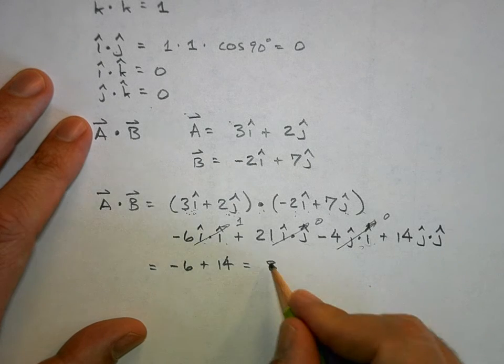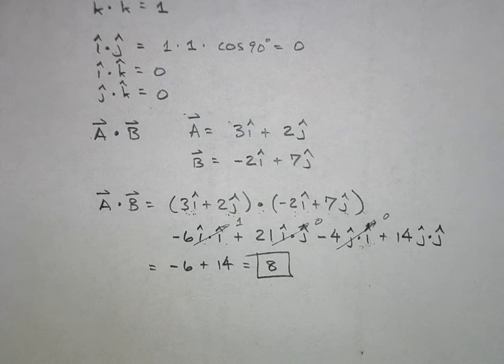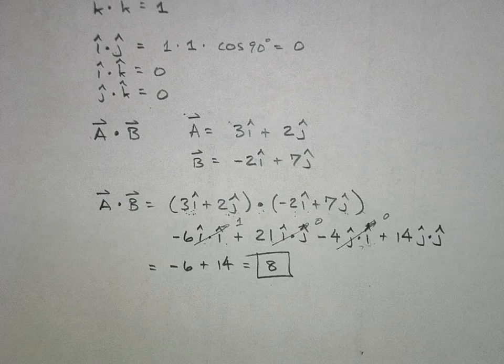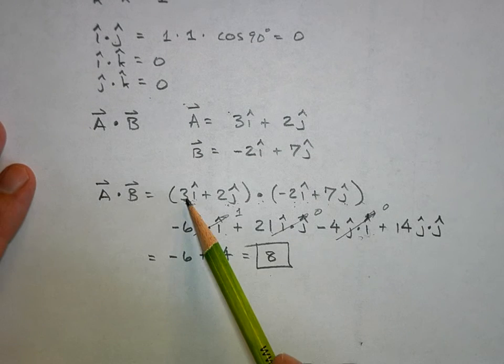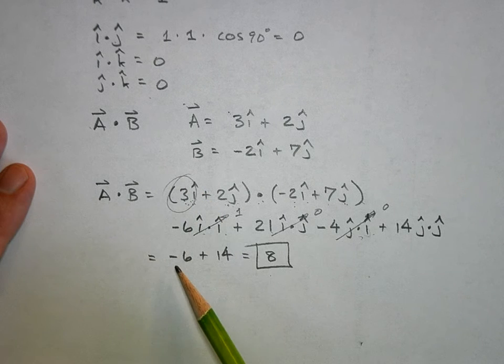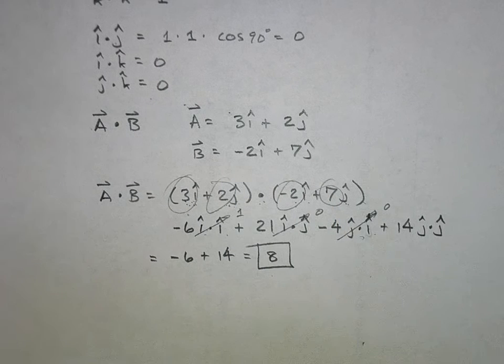So there's my answer, 8. Not 8 in the i hat direction, or j hat, there's no unit vector with this answer. It is a magnitude only. Now notice what I did here. Really, what I did is I went 3 times 2 and 2 times 7, and I added them together.